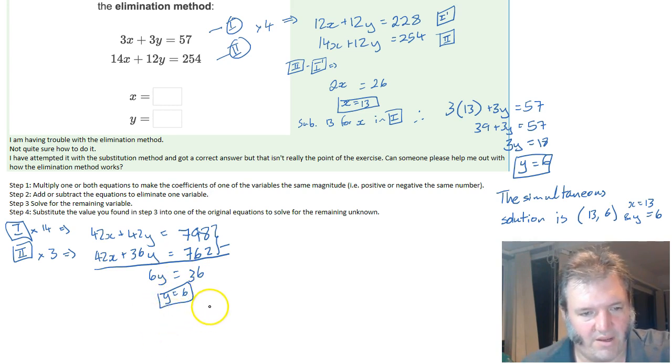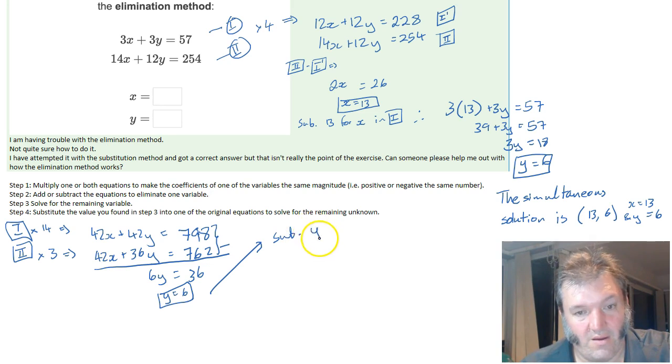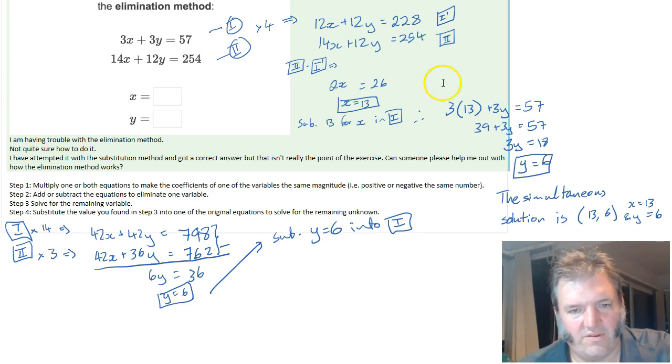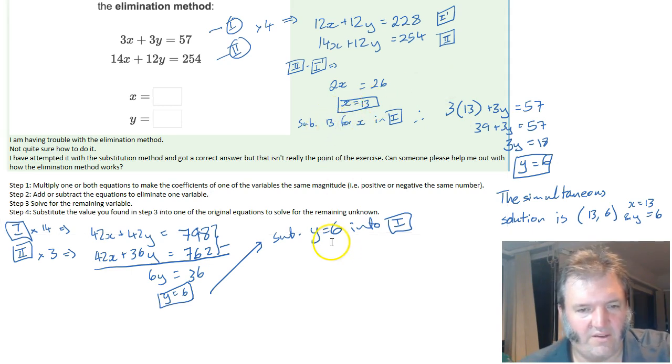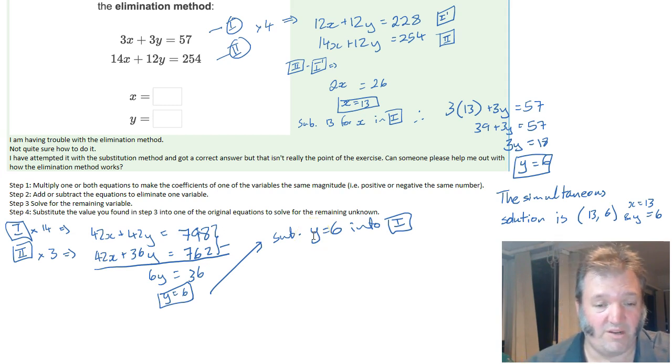We've got that. I'm going to again substitute into equation 1. This time I'm going to say sub y equals 6 into equation 1. So you can see you can just write it as y equals 6, or before I wrote it slightly differently. I think, can we see it somewhere? Oh, sub x equals 13 for x. So sub x equals 13 would have been just as easy.